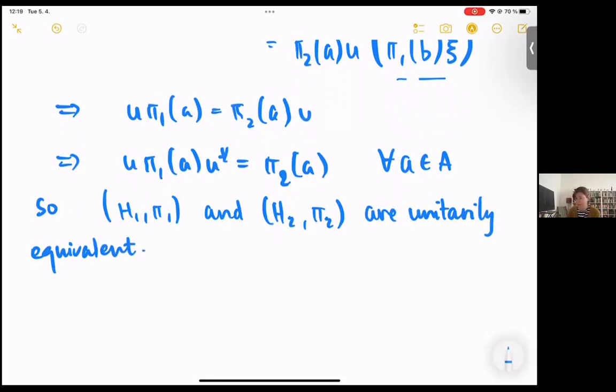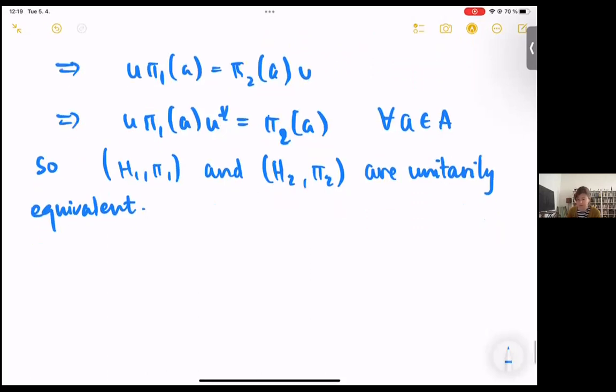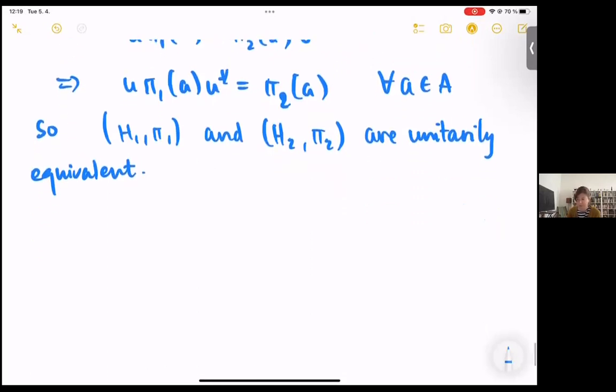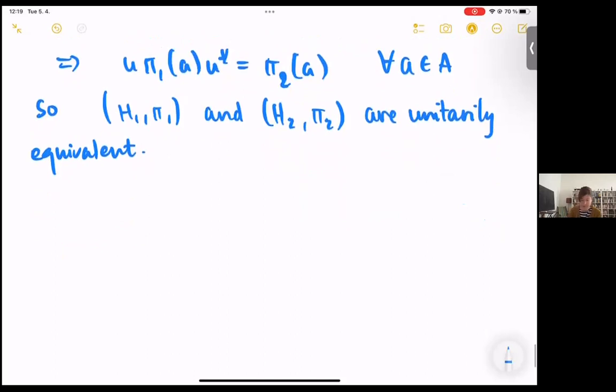Okay, so it remains to show that this map indeed maps psi to mu, but that's not so difficult. We just take an approximate unit.